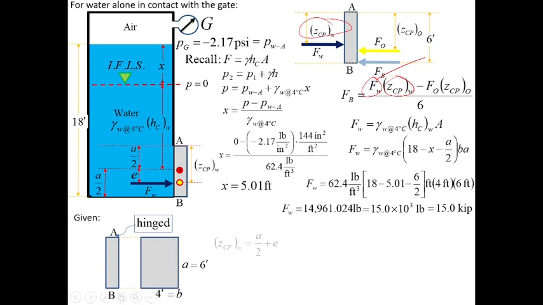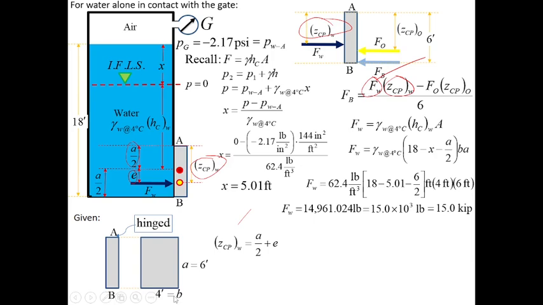Next, so ZCPW, no, is now equal to the sum of the two. A over 2 plus the eccentricity is equals to the distance ZCPW.